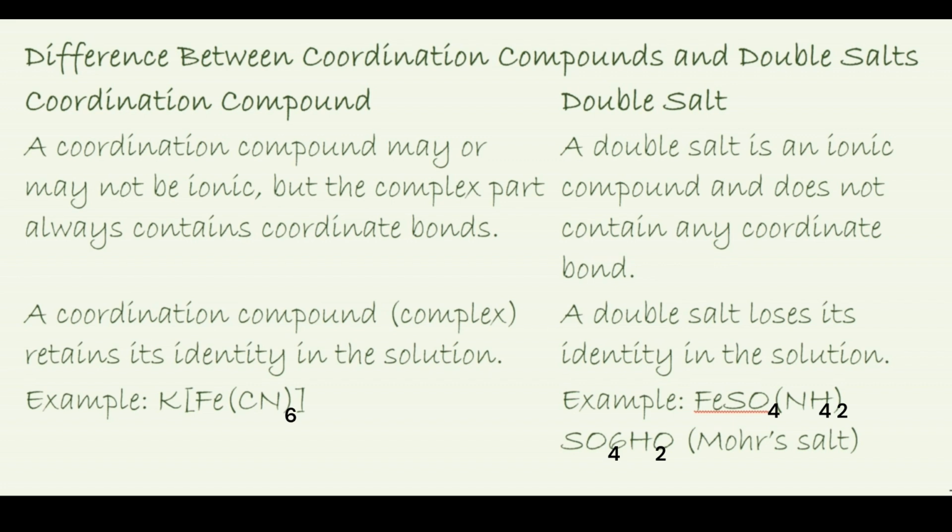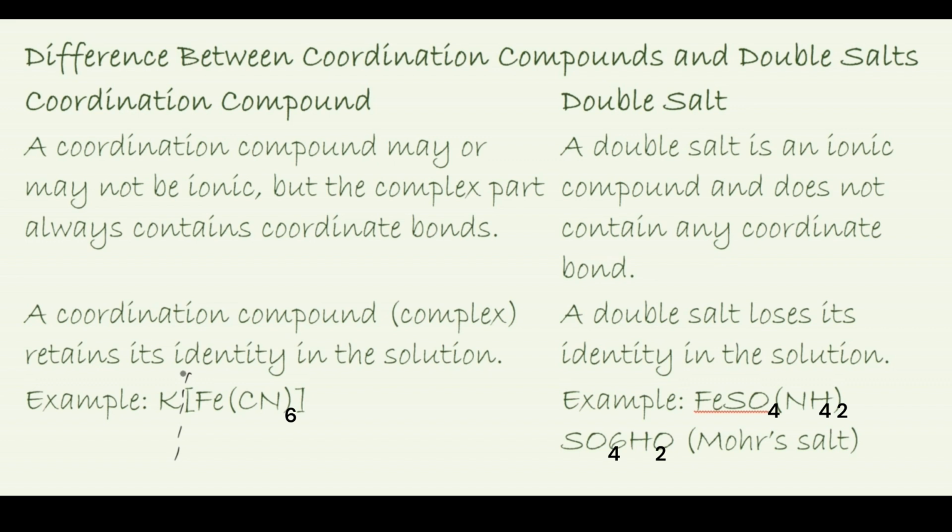The next difference is that a coordination compound retains its identity in solution also. If I dissolve the coordination compound in water or any other solvent, it will dissociate into the counter ion and the complex, the coordination sphere part.